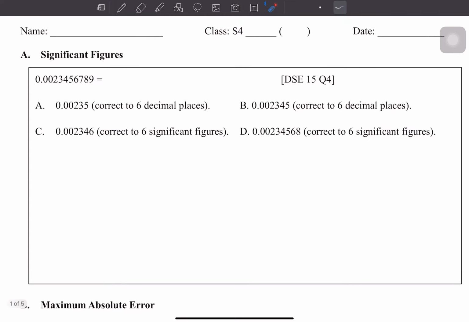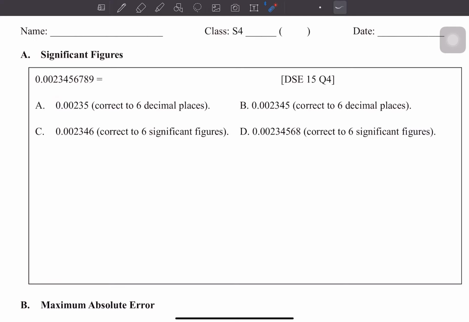First question. Do you remember what the measurable significant figures are? For example, if I want to round off this number to 3 significant figures, which figure is the first significant figure? This one or this one?